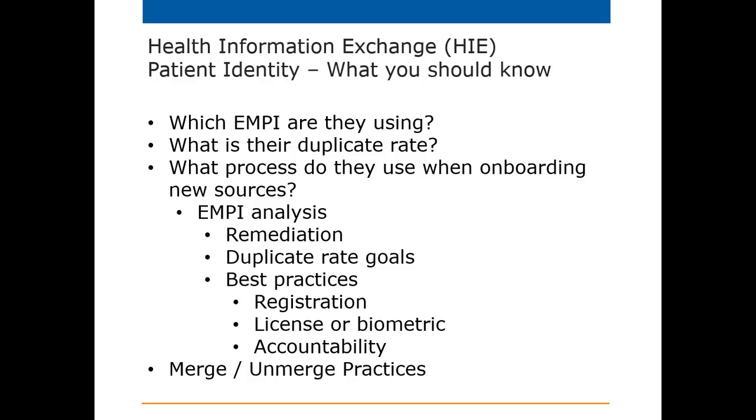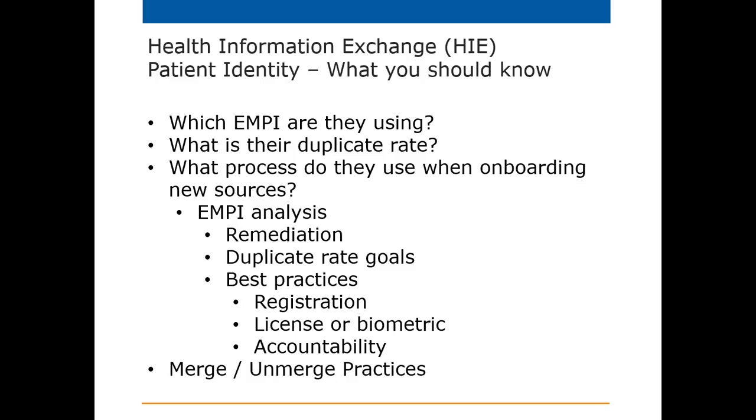So how do they onboard new sources? Say you're on the border of the US and Canada, and you've just pulled in a large group, so now there is a large population of patients of French descent, and the whole topography of your patient census has just changed.